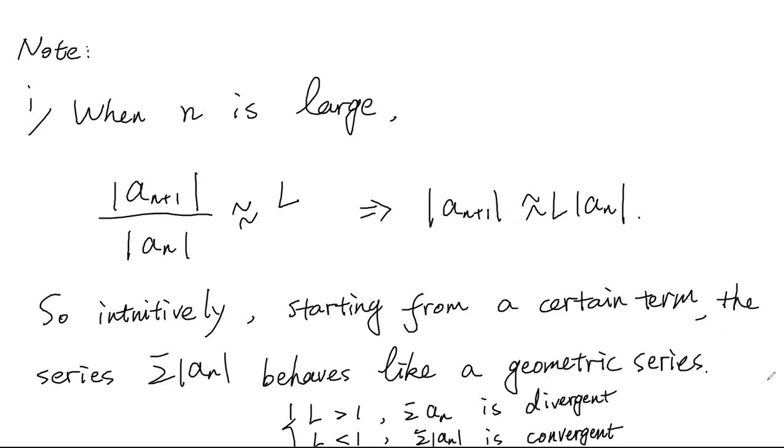And we can see that from an example. When L is equal to 1, the series can be either convergent or divergent. For example, consider the series 1 over n.